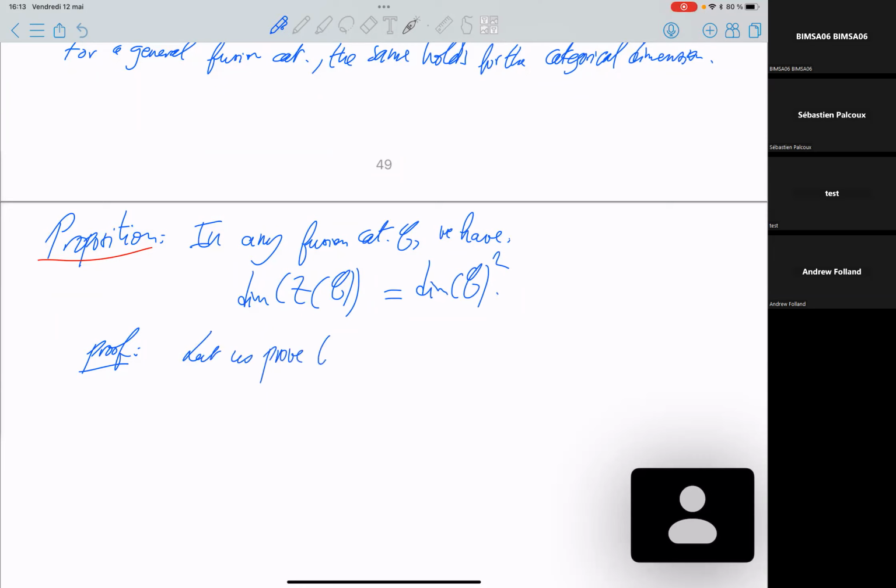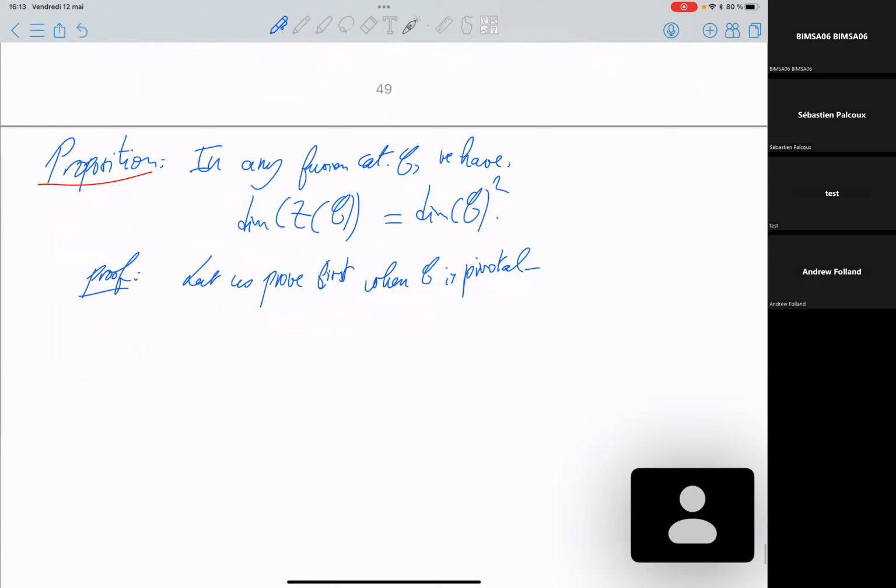So let us first prove it when it is pivotal. Okay.